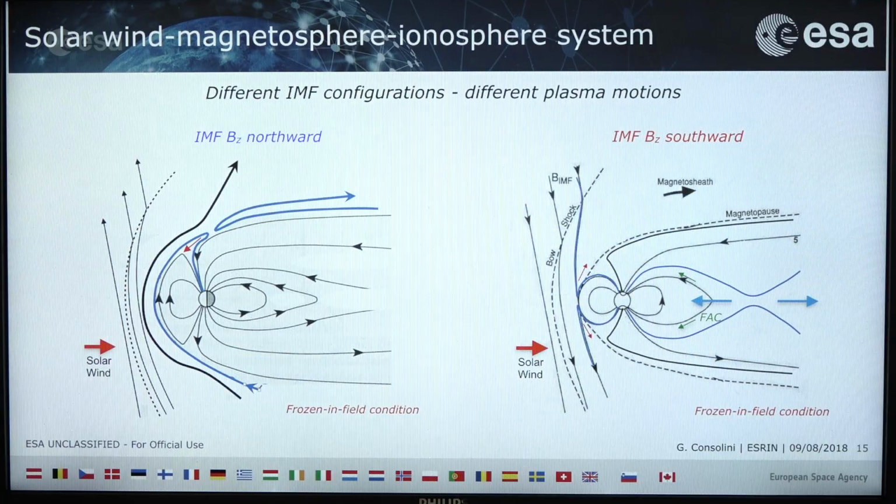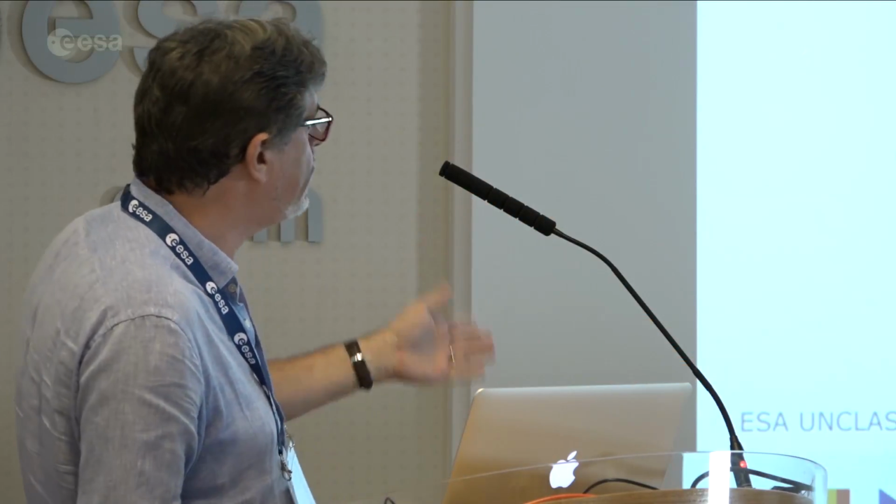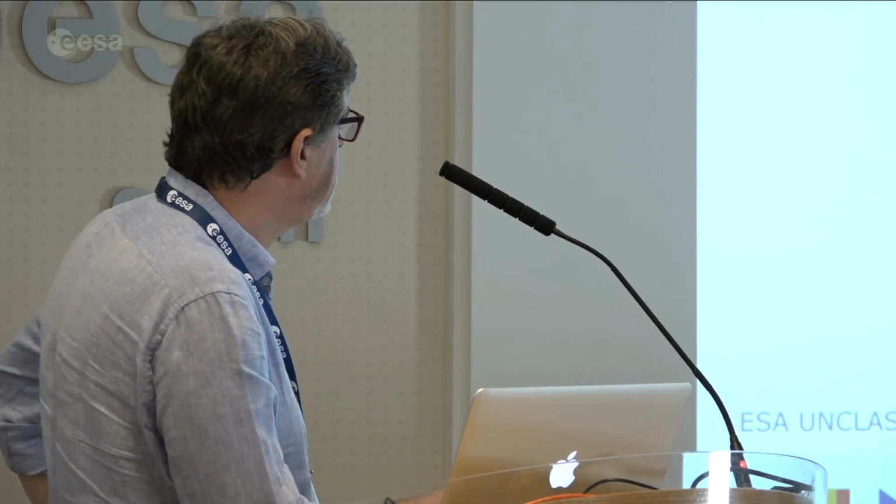This is one sketch of what I was saying before. The solar wind, the interplanetary magnetic field, which is just advected in a frozen-in condition by the solar wind, can sometimes assume different Bz components. So the Z component is the one that is orthogonal to the ecliptic plane, or the Sun-Earth ecliptic plane.